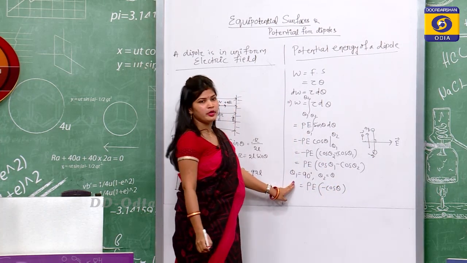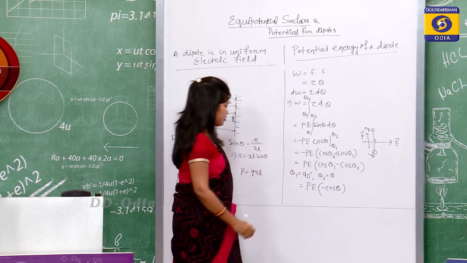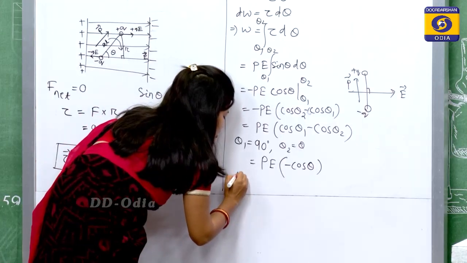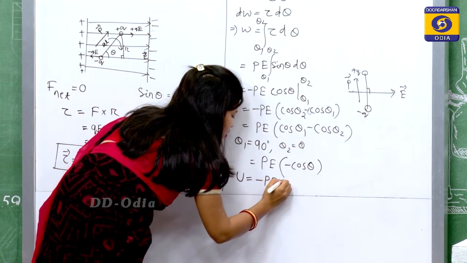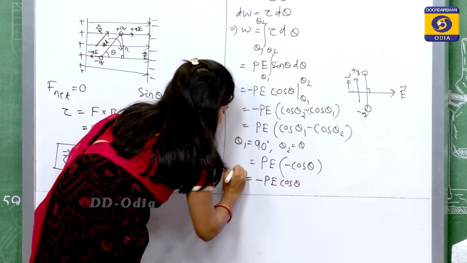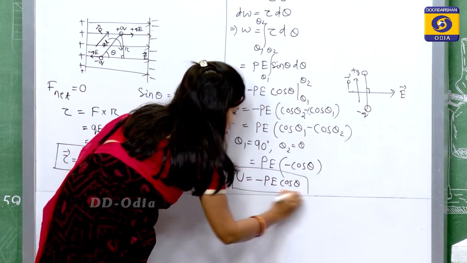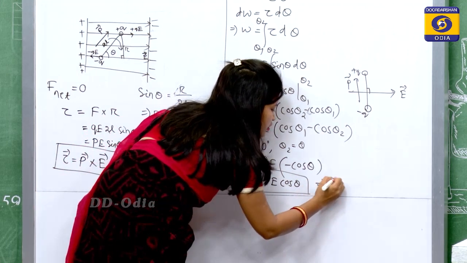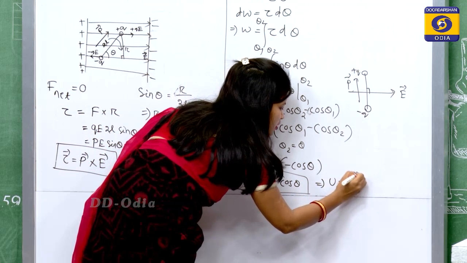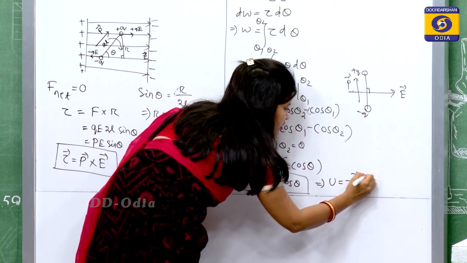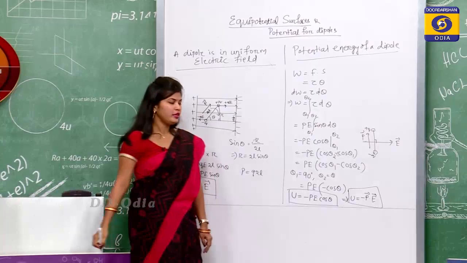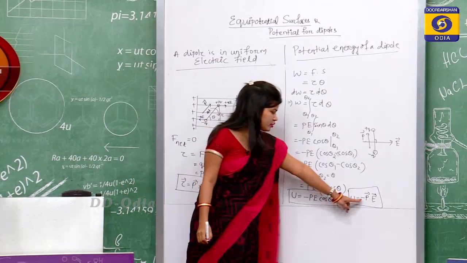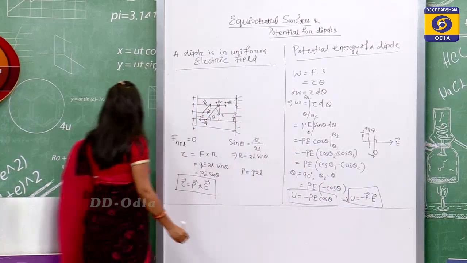So this is nothing but our energy. So energy U is equal to minus pE cos theta, or I can write U is equal to minus p dot E.